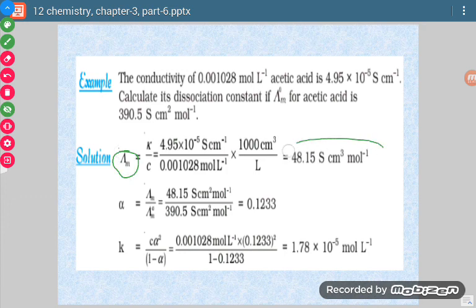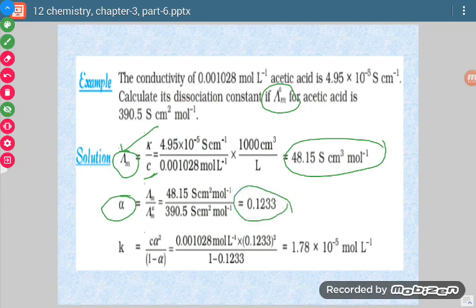That value comes out to be 48.15 Siemens centimeter square per mole. Once we know the molar conductance, the limiting molar conductance value is given to us. So alpha can be calculated using the formula lambda mc over lambda m naught. This is lambda mc because C is the concentration. So lambda m divided by lambda m naught comes out to be this much.